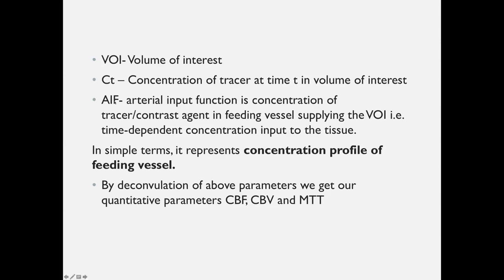So I place an ROI on the MCA, and computerized algorithms calculate the AIF from that. When I have obtained CT and the AIF, I am in a position to deconvolute, or use mathematical algorithms, and obtain CBV, CBF and MTT.